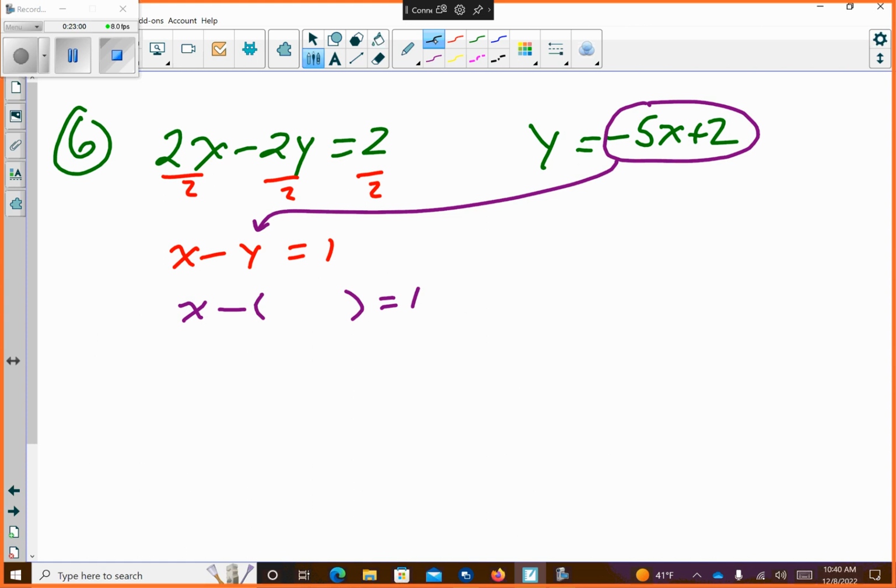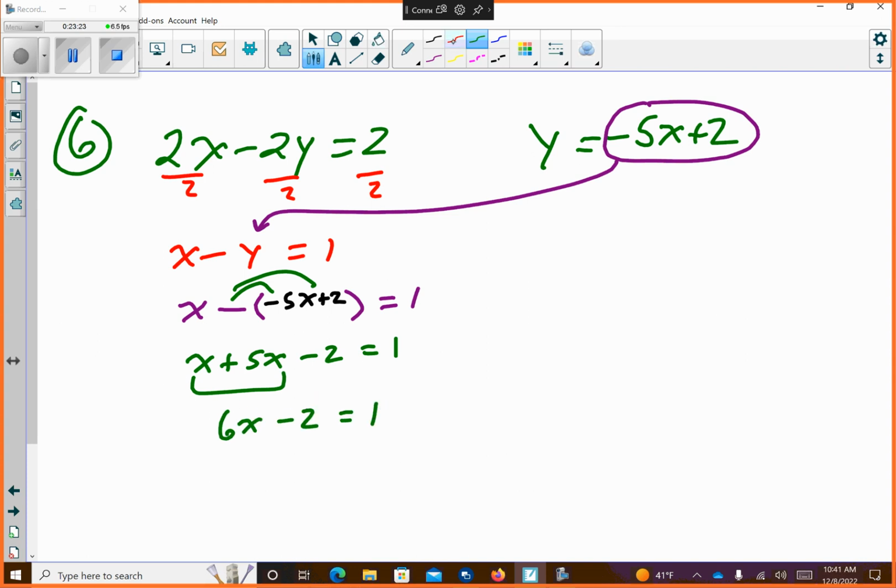So that's important. If you forgot to carry that down, you're going to make an error. Now I'm just going to distribute the negative over the parentheses. These are like terms. We're going to get a fraction, but it'll be okay. I think we'll survive. Add 2, agree?